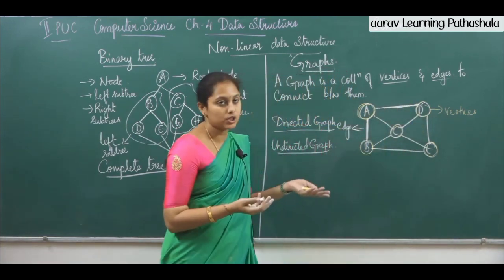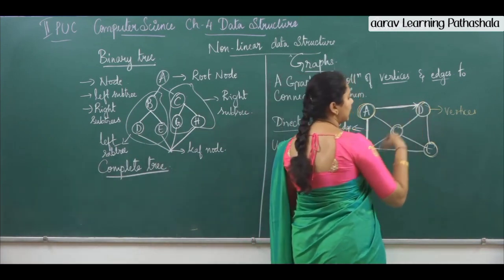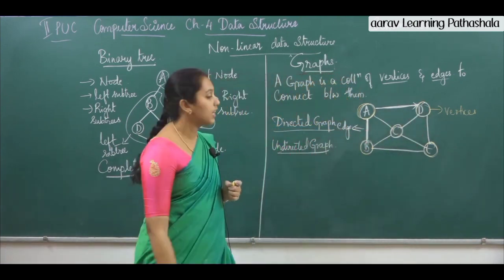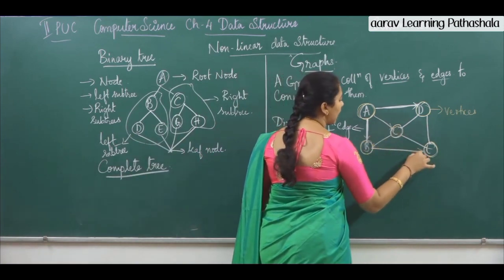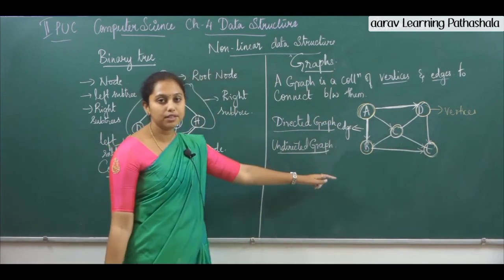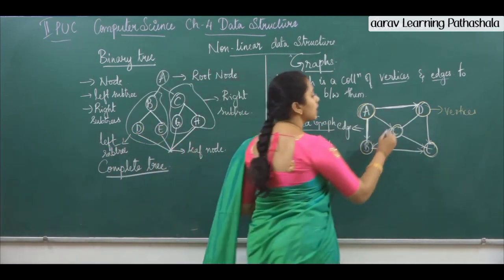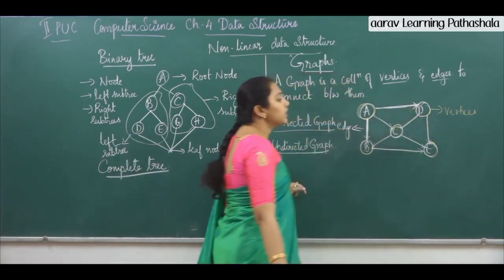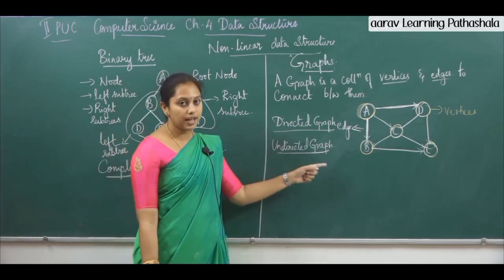There is no direction between A and D. So if I provide a direction like this, then this type of graph is called a directed graph. If an edge contains the direction, then this type of graph is called a directed graph.